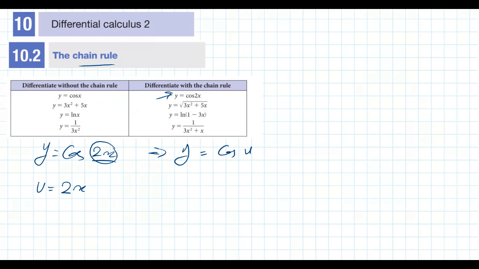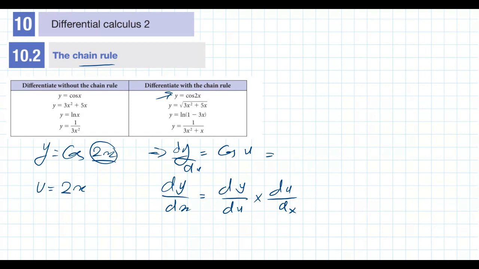And focus with me: instead of finding dy over dx, it becomes dy over du times du over dx. How can we do that? I'll tell you. Y equals cosine u, then you differentiate with respect to u.